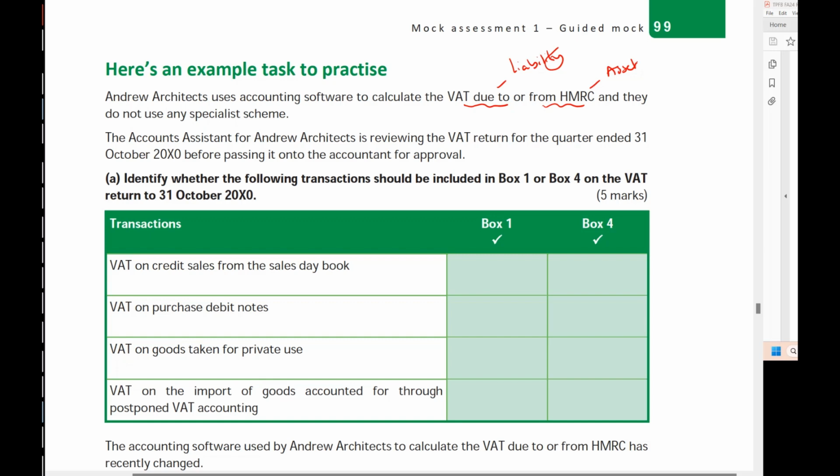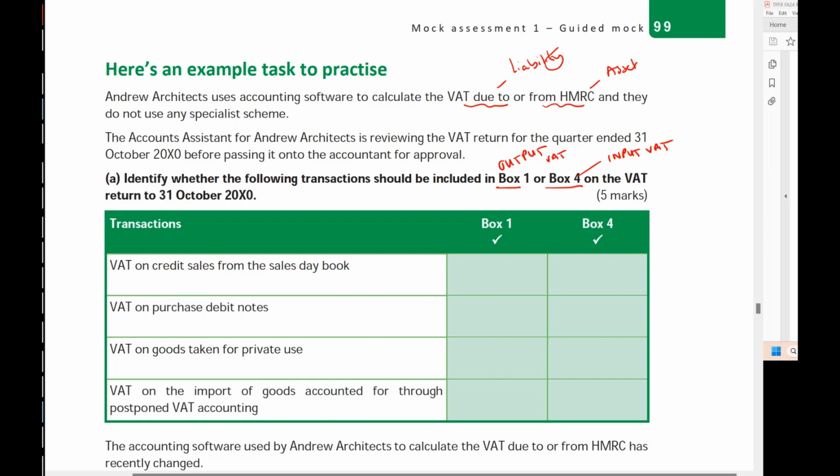So here we are. We need to identify whether the following transactions should be included in box 1 or in box 4 of our VAT return. Box 1 is where we include our output VAT, so the VAT on sales, the VAT that needs to be paid to HMRC, and box 4 is the input VAT that we are going to reclaim from HMRC.